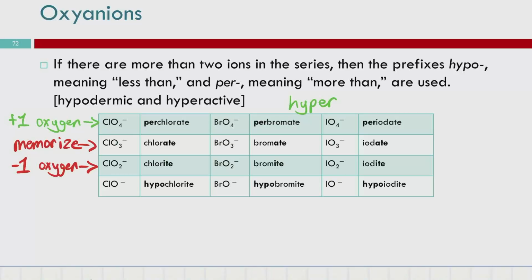And we also have our minus 2 oxygen option, where we add a hypo, and we still have the ITE ending. So we've got ATE and ITE in the middle. If you add 1 to the ATE, you add the per prefix. If you take 1 off from the ITE, you add the hypo prefix. So they're kind of like additive effects. We've changed the ending to subtract 1. We've also added the prefix to subtract another 1.